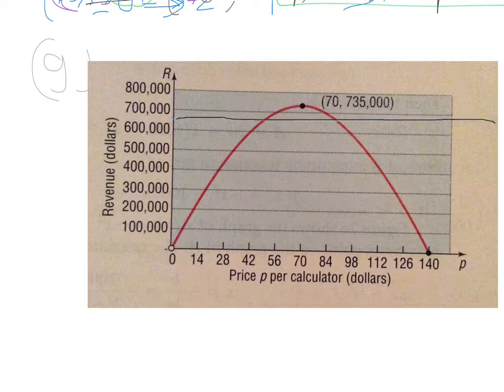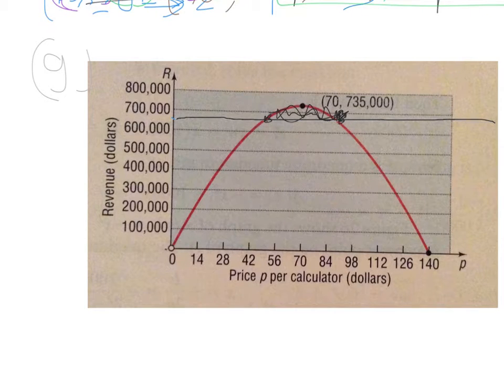If you notice, at 675,000, the prices that would give you exactly that are right there. So any X value from here to here would give you a revenue of at least $675,000.